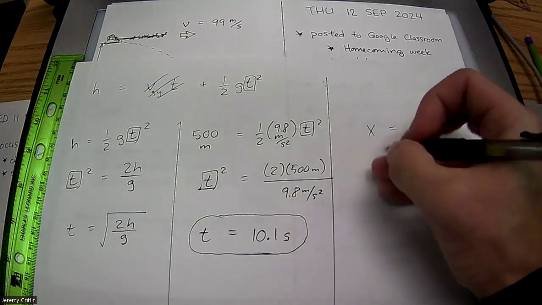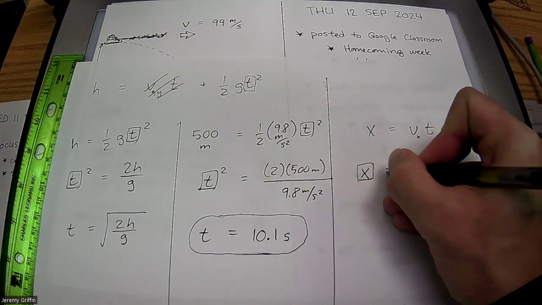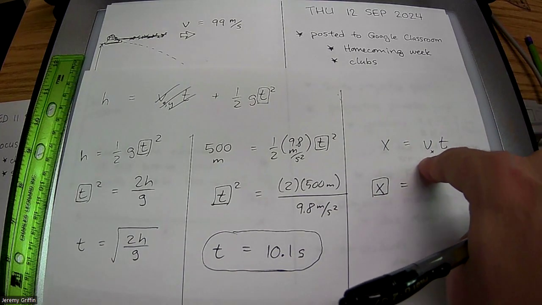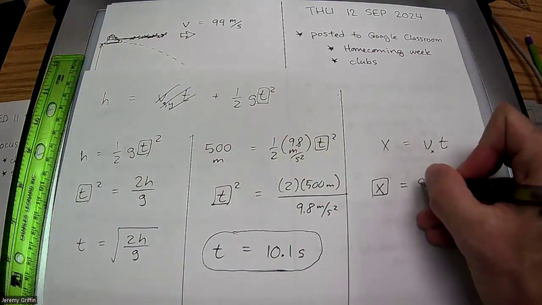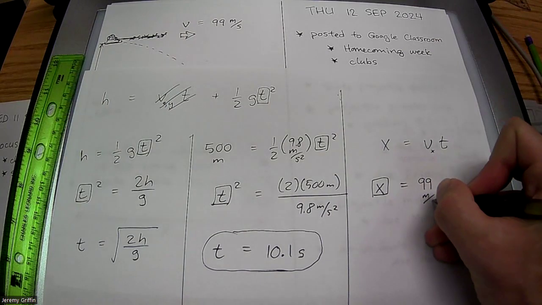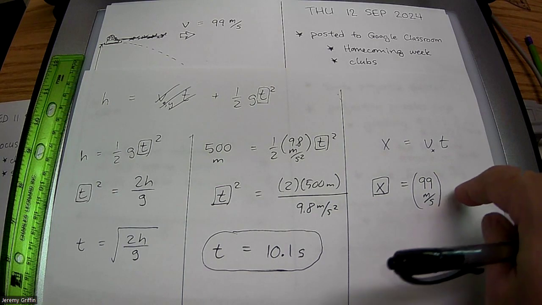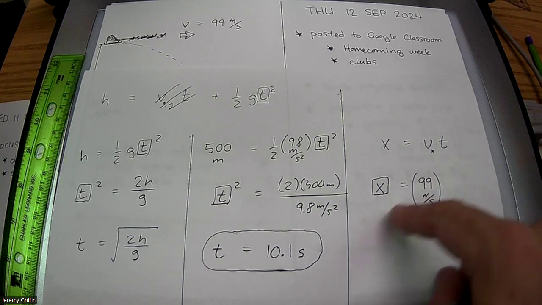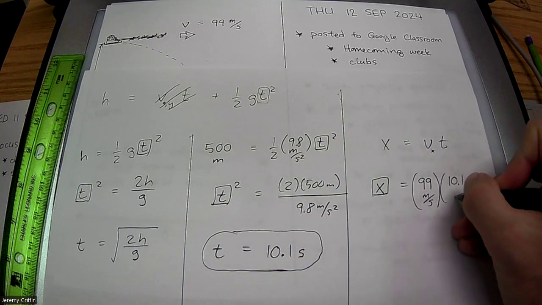So we're trying to figure out how far in advance. That's this x right here. It's already set up to solve. What number goes right here? How fast is it going across the field? 99 meters per second. That's how fast Santa's flying the sleigh. And how much time is this thing falling? 10.1 seconds.